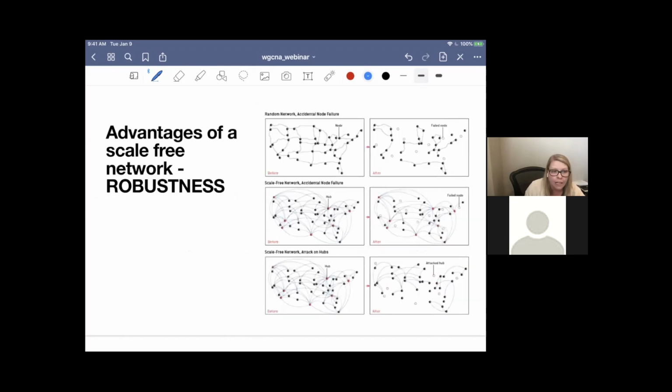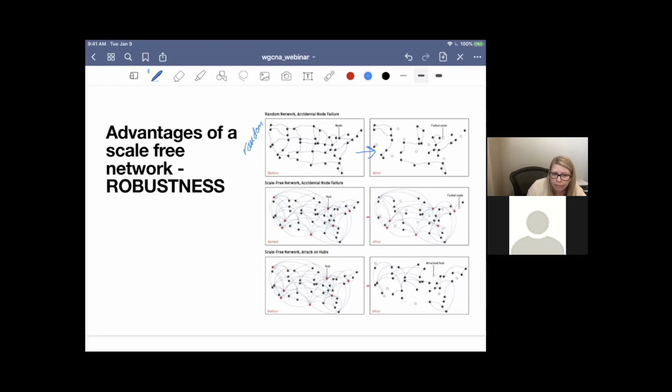So when thinking about this idea of scale-free networks being robust, if we look at these two graphics, this is my random network here. And when random nodes fail, you can see that it turns our network into these isolated nodes. And now, if we can't get in and out of some of these cities or some of these highways, it's really hard to get from the West Coast to the East Coast.